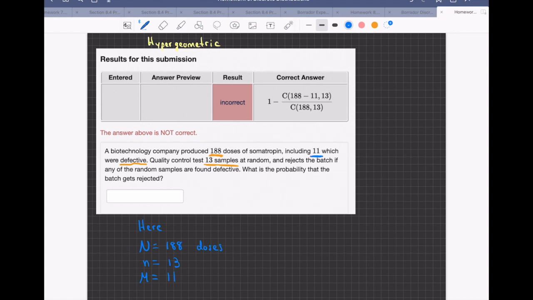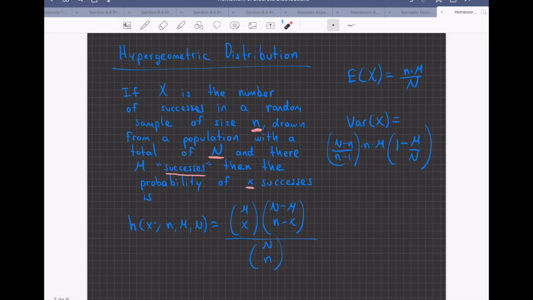And what is the probability that the batch gets rejected? How do we know? Notice it said that it is rejected if we observe at least one defective in our sample of 13. So in this case, X is going to be several values, 1, 2, 3, and so on up to 13. We would have to substitute into this formula.